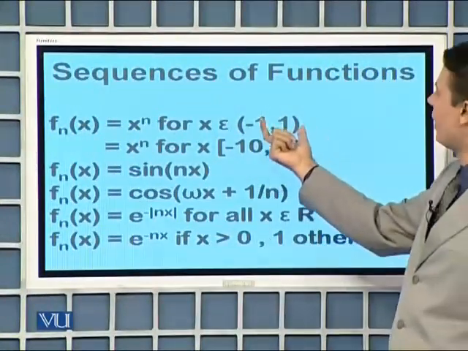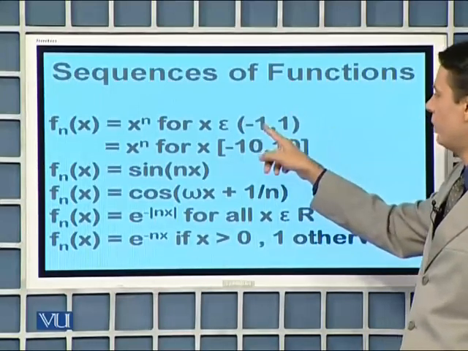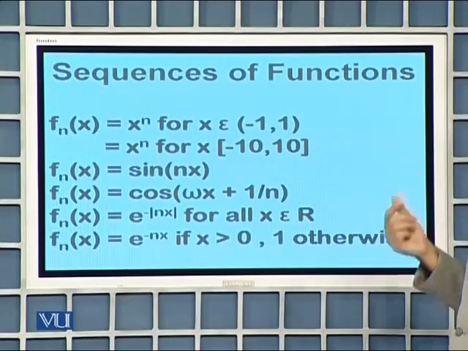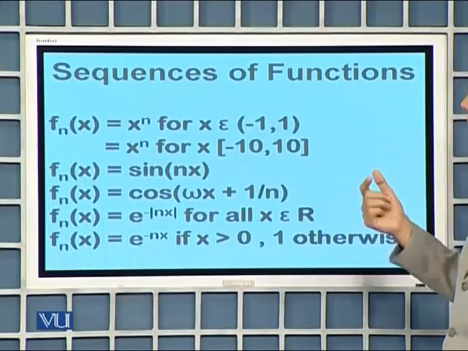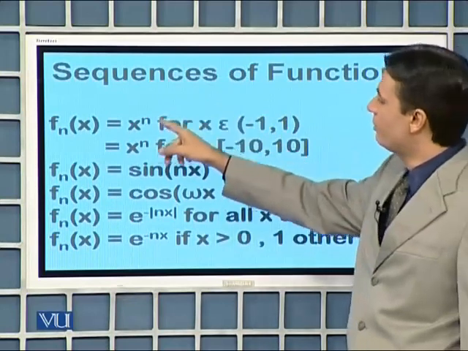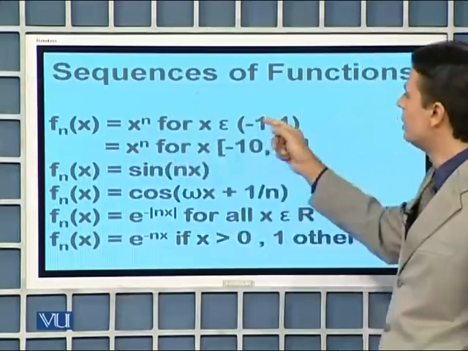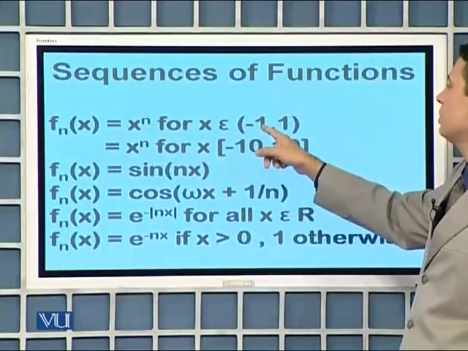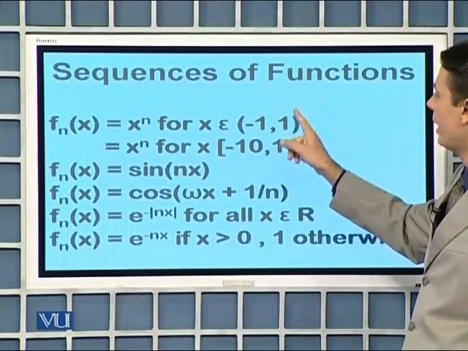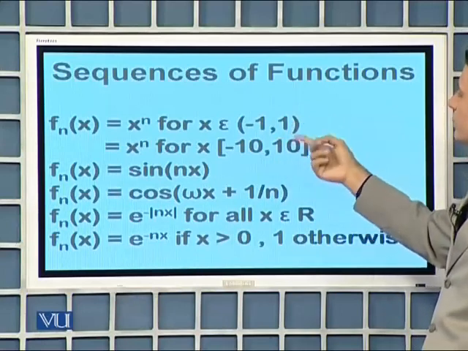So if they are defined over an interval from -1 to 1, where the endpoints -1 and 1 are not included in this interval, then you pick a number from this domain and the value of these functions will be the power of that number. So suppose you pick 0.5. The first function value at 0.5 will be 0.5, then 0.5 square, then 0.5 cube, and so on and so forth.